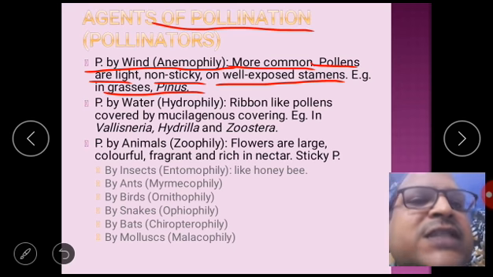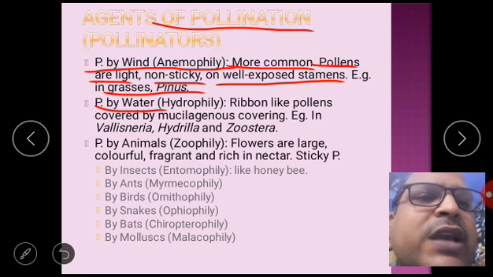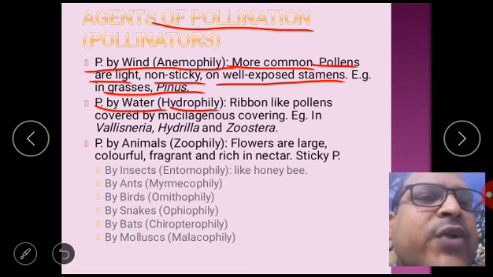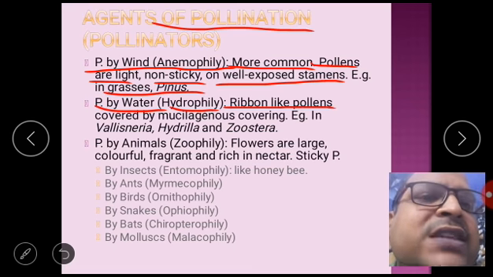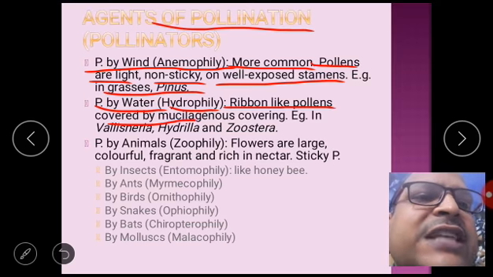Now, the second thing we have to know is pollination by water. This is known as hydrophily. Mostly ribbon-like pollens are present, and these are covered by a mucilaginous covering.